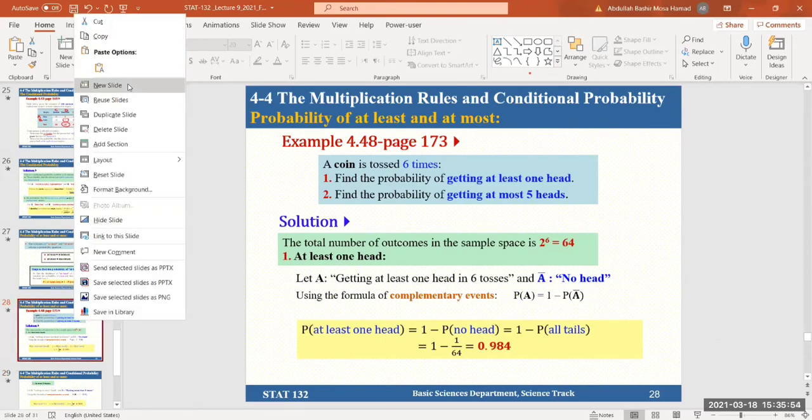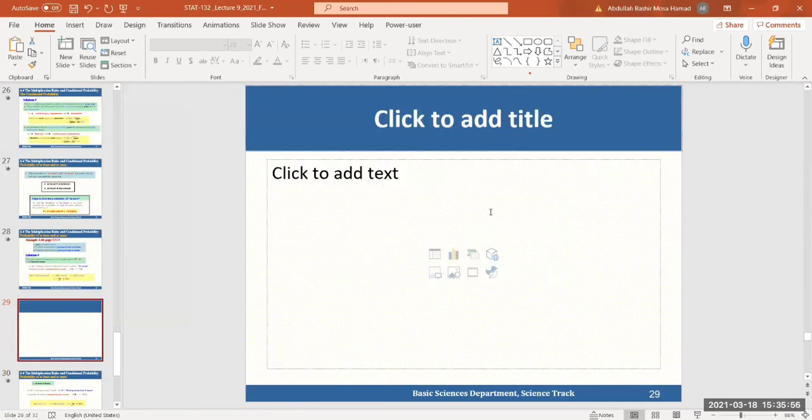Let's go to explain at most. Same idea. If we toss a coin 6 times, then we ask about at least one H. We already solved this.